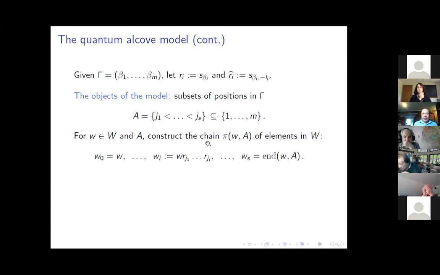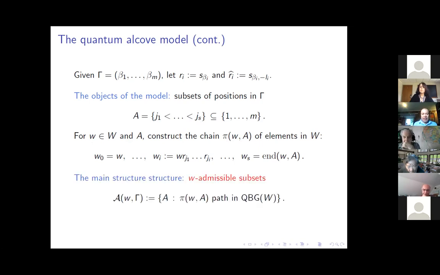To show the condition, first you construct a chain of elements in the finite Weyl group, starting with some fixed W, and then you multiply on the right, one by one, by the non-affine reflections corresponding to the roots in positions J1 through Js. The last element is denoted end of W, A. So we have a dependence on some fixed Weyl group element W, and also on the sequence of positions.